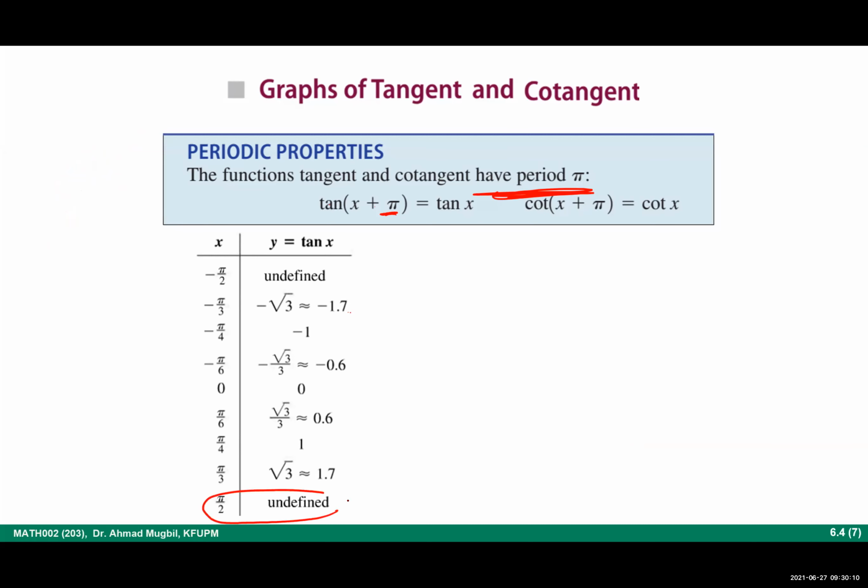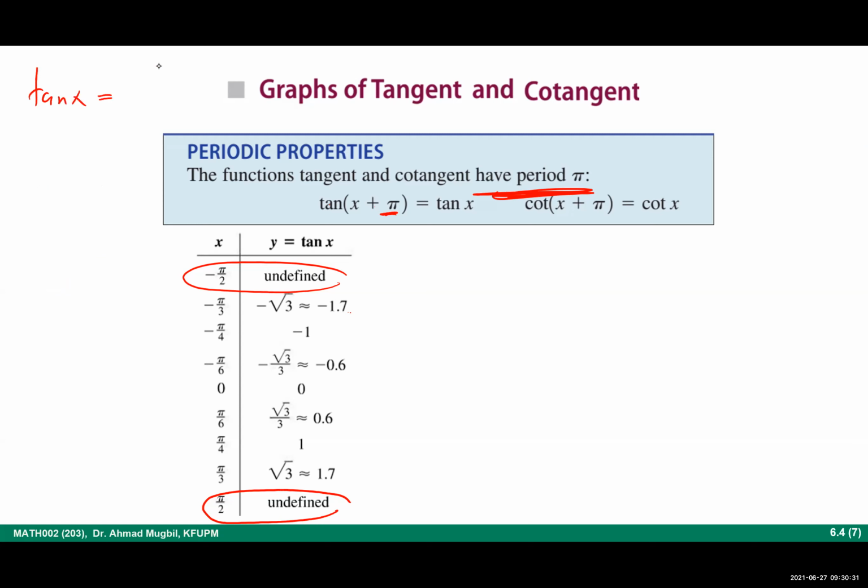Notice that it is not defined at pi over 2 and negative pi over 2, because tan x is what, Shabab? Sine over cosine. Tangent x, thank you, you're right.